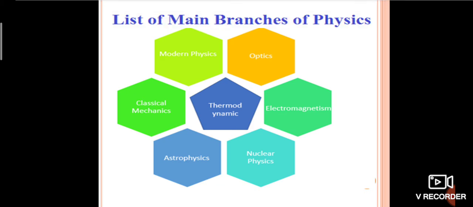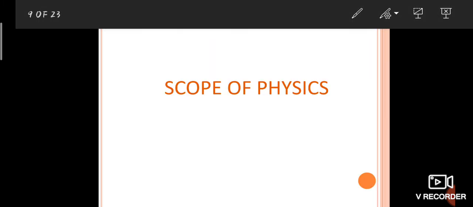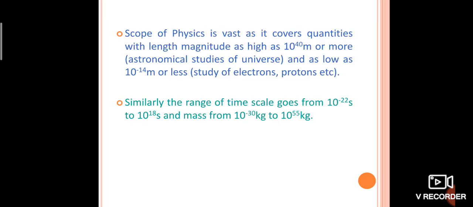Now, let us move to the scope of physics. Scope of physics is vast as it covers quantities like length, time as well as mass. Scope of physics tells us the range of length, time and mass. The range of length lies between 10 raised to 40 meter or more and as low as 10 raised to minus 14 meter or less than that.